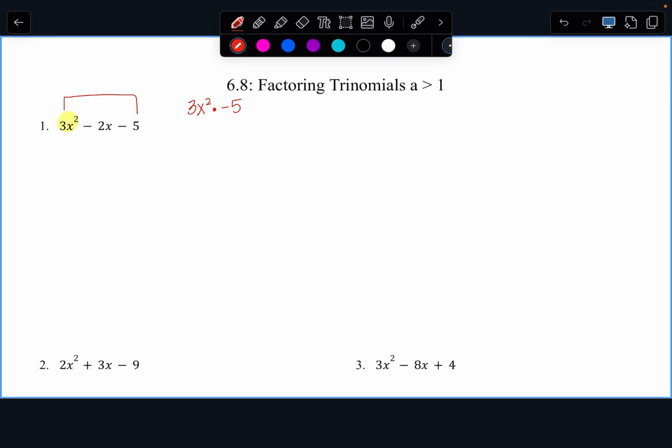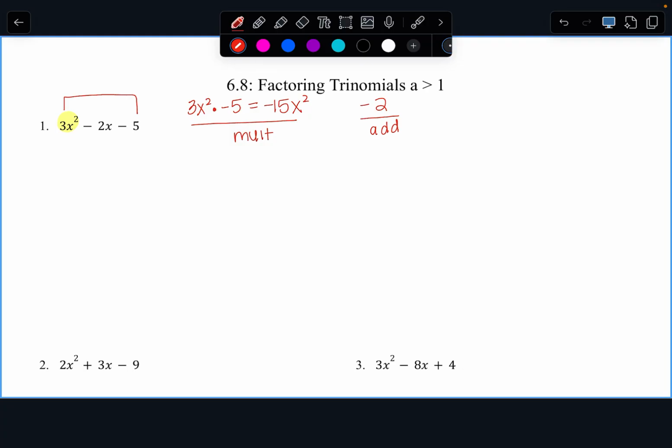We're looking for two terms that multiply to get negative 15x to the second and add to get negative 2. So we just had to do one more step before, and obviously more after.